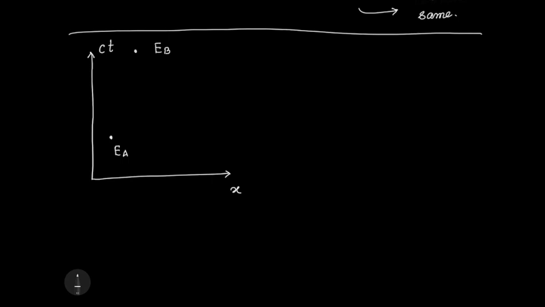You immediately see this much is xb minus xa, and this much is ctb minus cta.